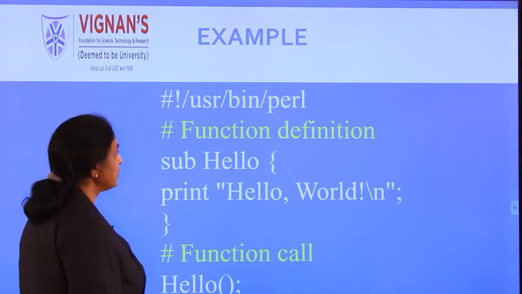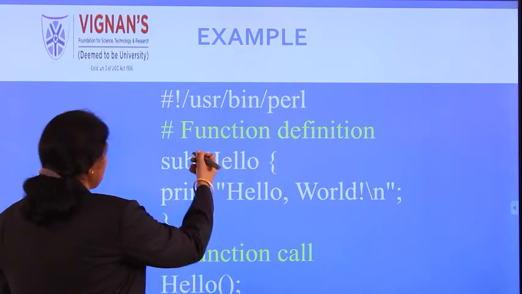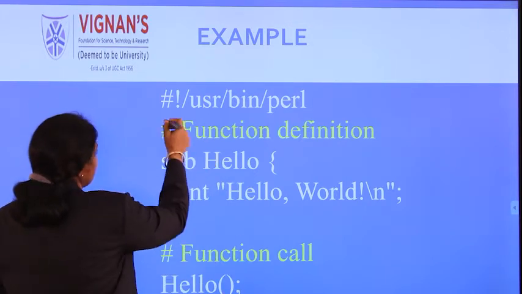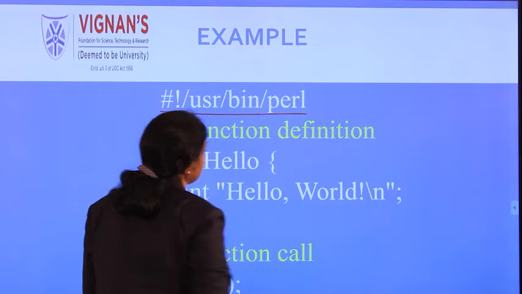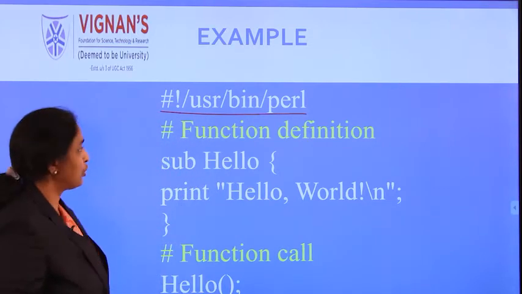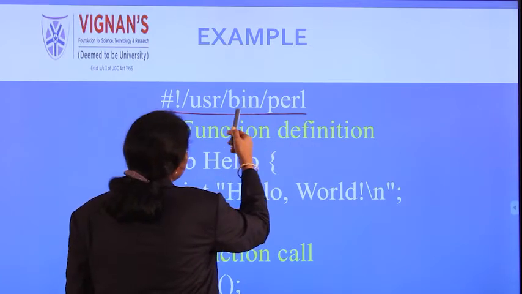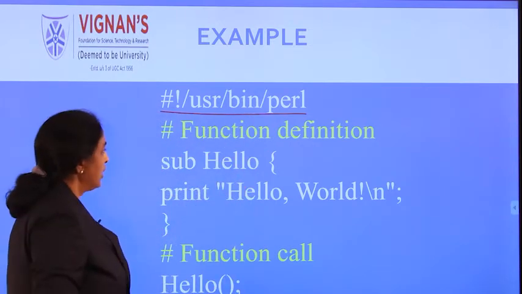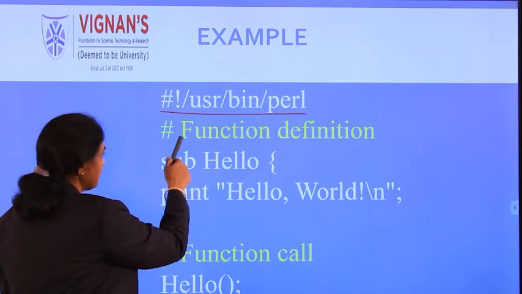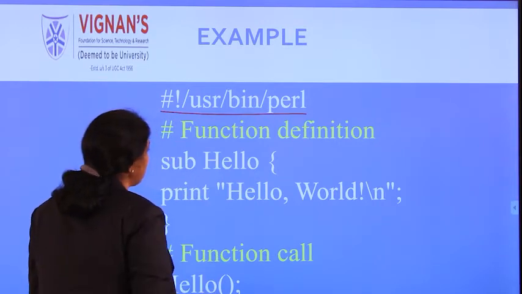Now coming to the function, as you are starting this as a script, you have to write this first statement. Already you know the importance of this statement: your Perl is present in the user bin directories. After that, first we take up the function definition part.